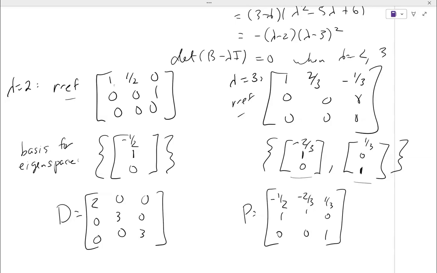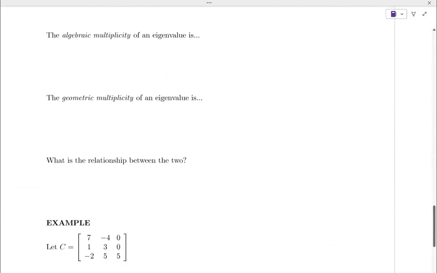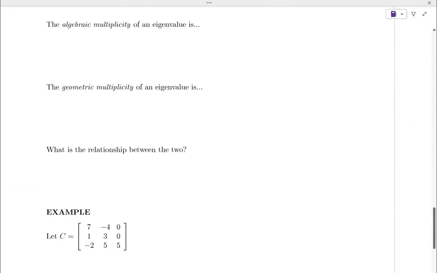Okay. All right. So let's finish this off then. I talked about roots having multiplicities, and I talked about eigenspaces having dimensions. So that's these 2 definitions: algebraic multiplicity of an eigenvalue and geometric multiplicity of an eigenvalue.